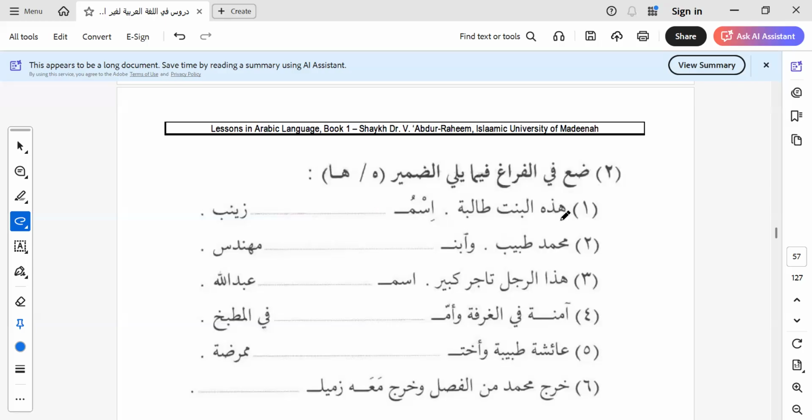Okay, so we want to identify what it is. هذه البنت طالبة. If a sentence is a Jumla ismiya, we expect it to have two components: al-mubtada and khabar. So which one is the mubtada and which one is the khabar?